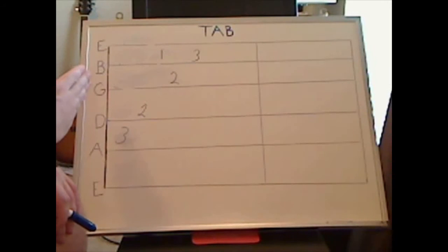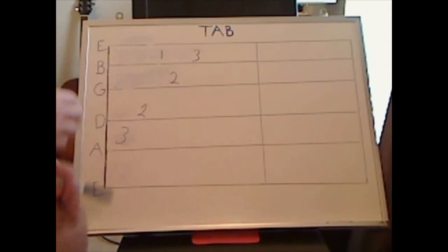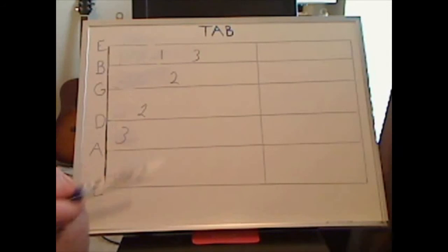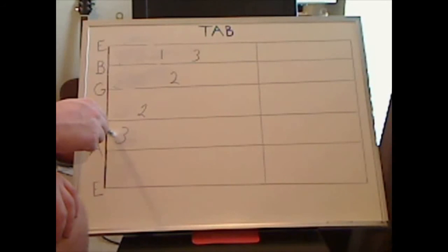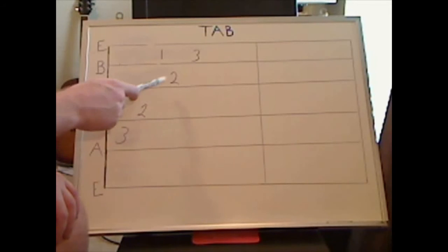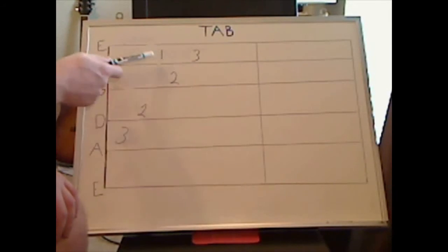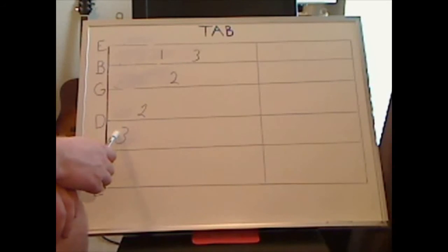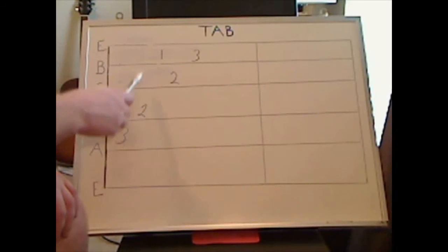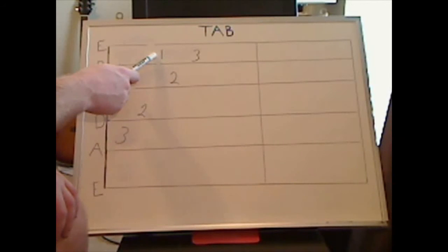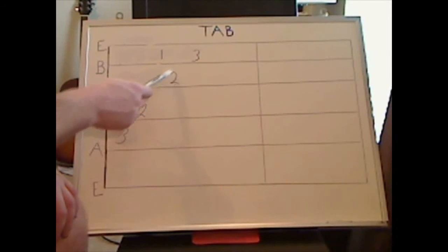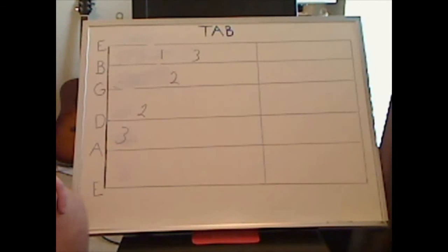So as I go from the left side right, whatever comes next is what I play next. So the order that I would play these in is this 3rd fret on the A string, then 2nd fret on the D string. Then I don't go to the 2 on the G, I go to the 1 because it's further to the left of that one. So I go 3rd on the A, 2nd on the D, 1st on the B, 2nd on the G, then 3rd on the B. Okay?